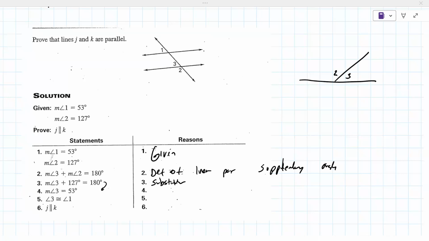But it's from line 3 to line 4, though. Oh, it's the measure of angle 3. So yeah, we're overcomplicating this. If you subtract 127 from both sides, you get 53. So to me, it's just like a subtraction property.